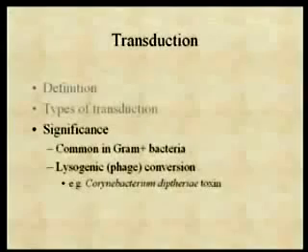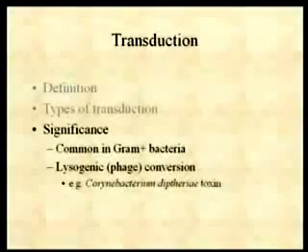All right. So what's the significance and importance of transduction? Amongst the gram-positive bacteria, this is a very common way that genes are being transferred, by transducing phages, either specialized or generalized transducing phages. And another place where this plays an important role is in this phenomenon called lysogenic or phage conversion.